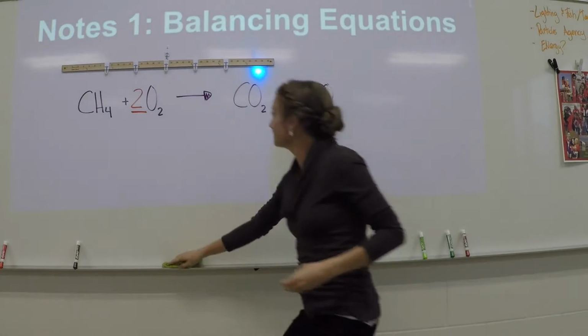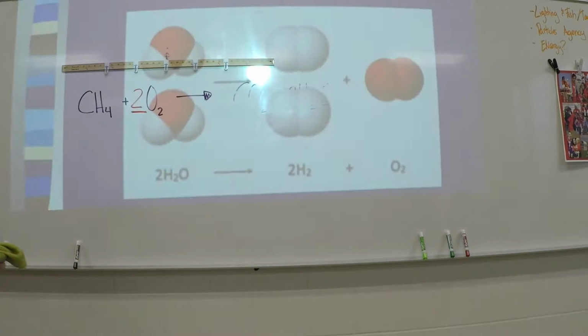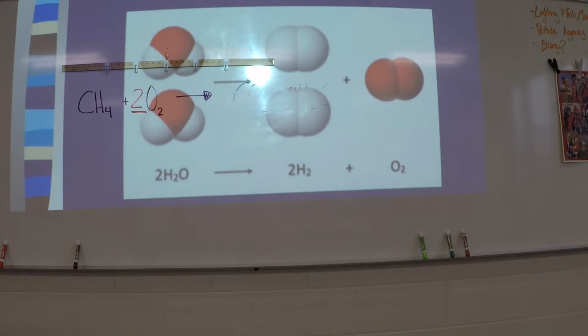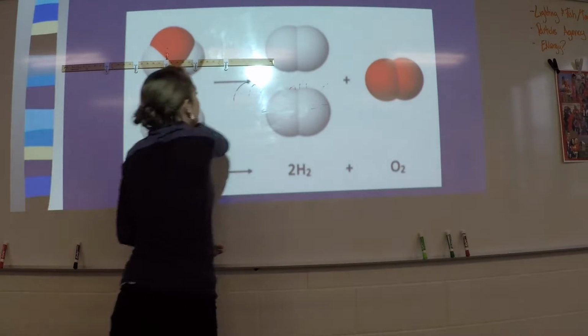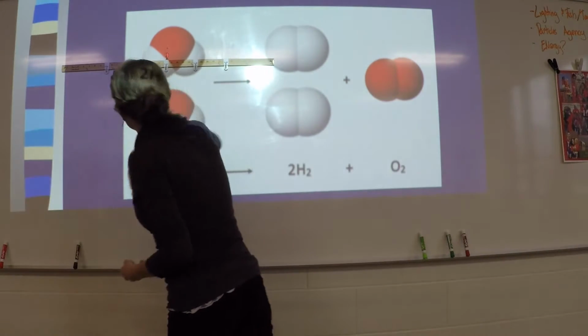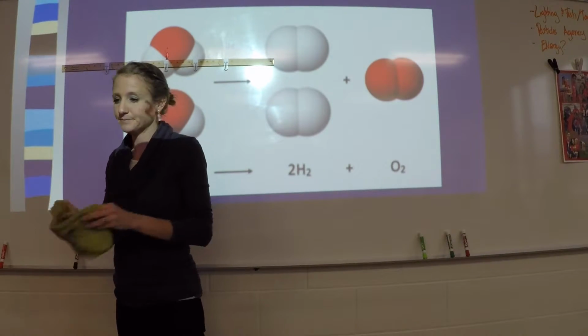Balancing reactions, like we said, goes back to the law of conservation of mass: mass is neither created nor destroyed in a chemical reaction. All that happens is the atoms get rearranged. They change places, they change partners, but what was there in the beginning must be there in the end.